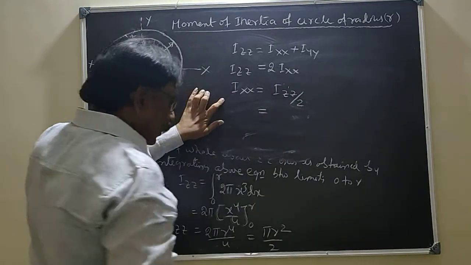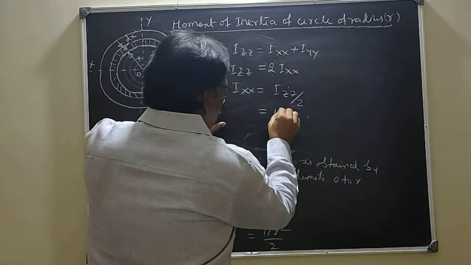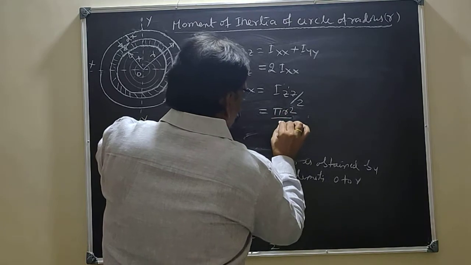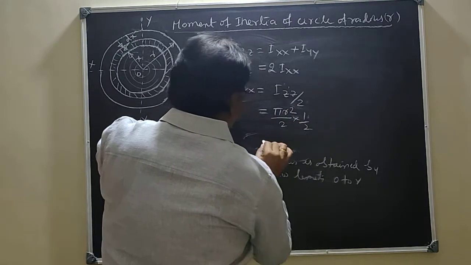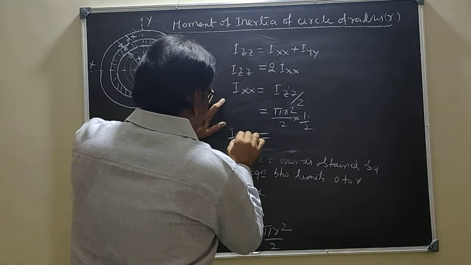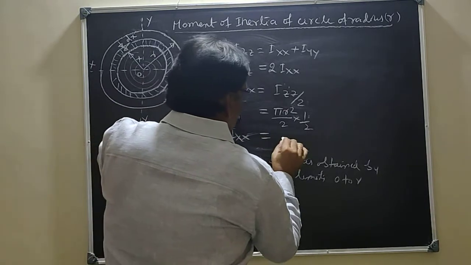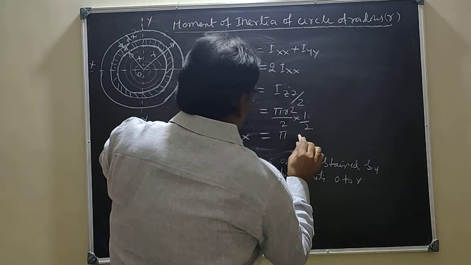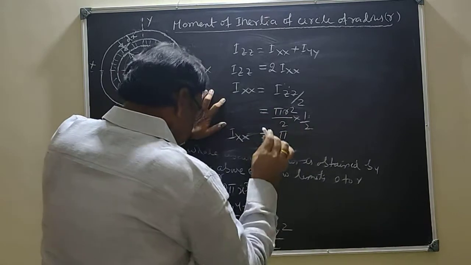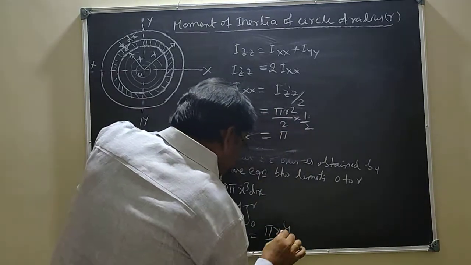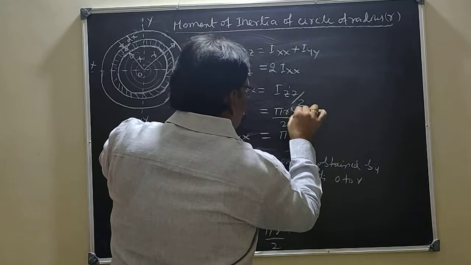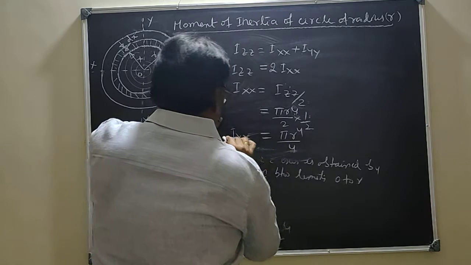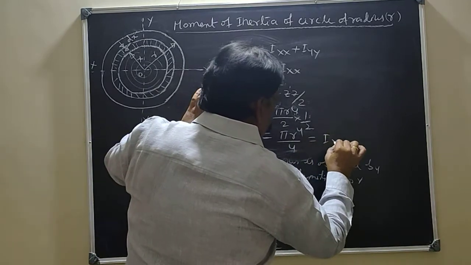Already we know that Izz is equal to pi r to the power of 4 by 2, so into 1 by 2, that is Ixx is equal to pi r to the power of 4 by 4, which is also equal to Iyy.